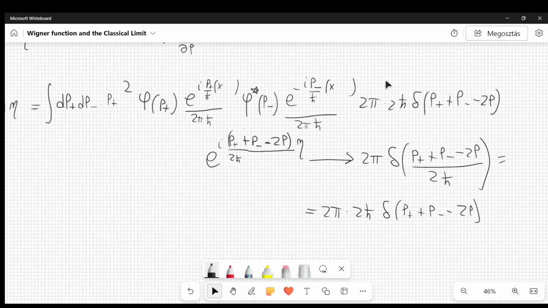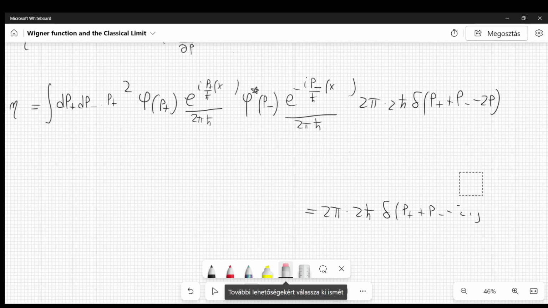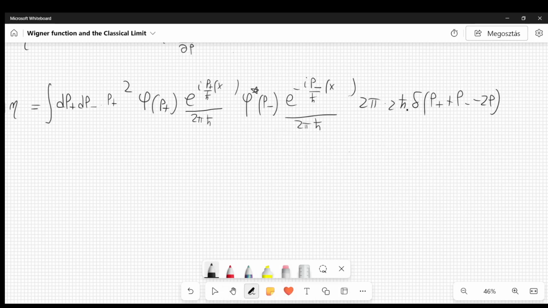Now you can integrate over, for example, p minus. So first let me cancel this. But why can you integrate over p minus? Well, because we want to get rid of the Dirac delta as well. And in order to get rid of the Dirac delta, we must make sure that this other function does not depend on p minus.